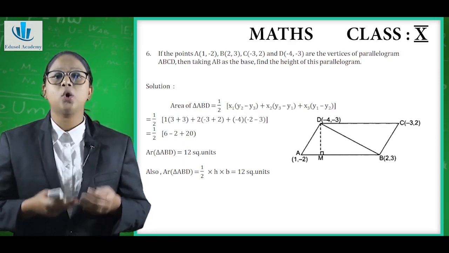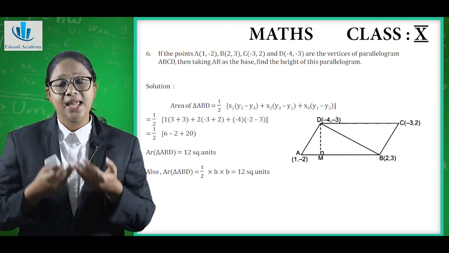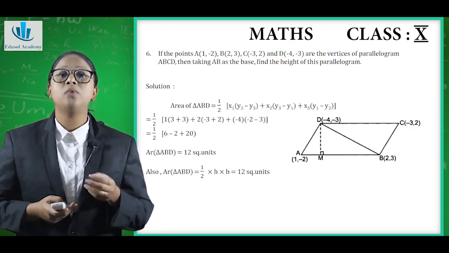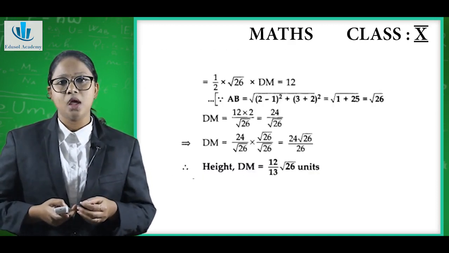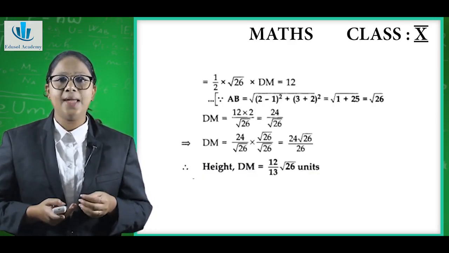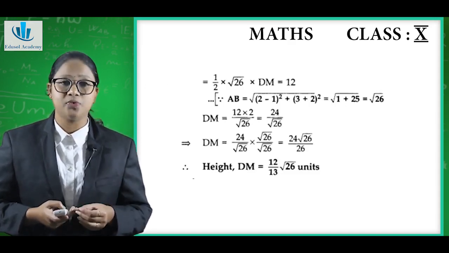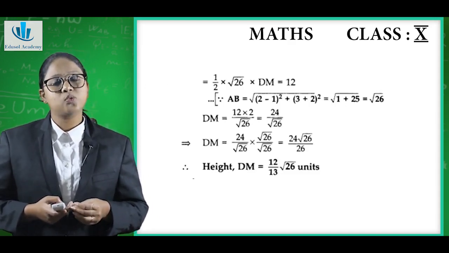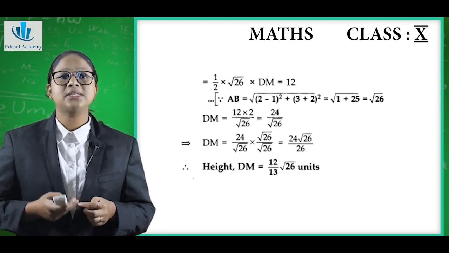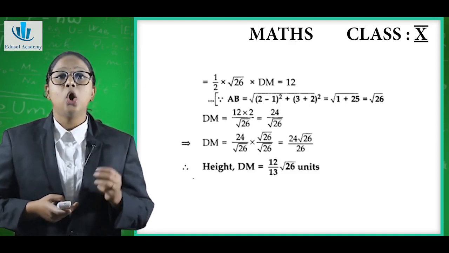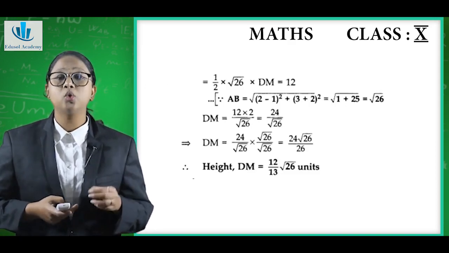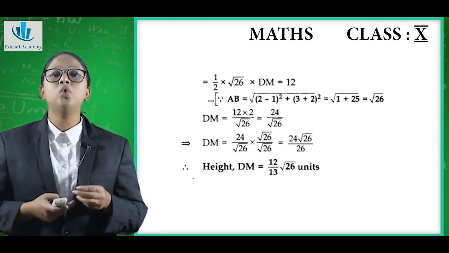Now we can equate also area of triangle ABD is equal to half into B into H. Now we can find AB using distance formula. 2 minus 1 whole square plus 3 plus 2 whole square whole root. We will get root 1 plus 25 or root 26.